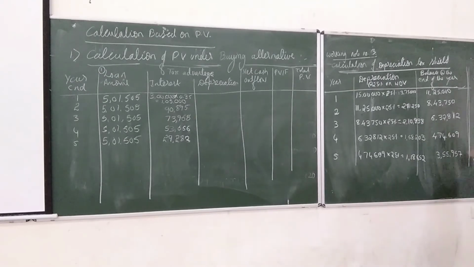So next one, 8,43,750 into 35%. Next, third year. 2 lakh 95,312. 84 or 85? 84.